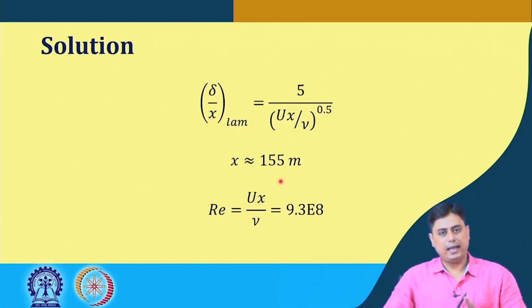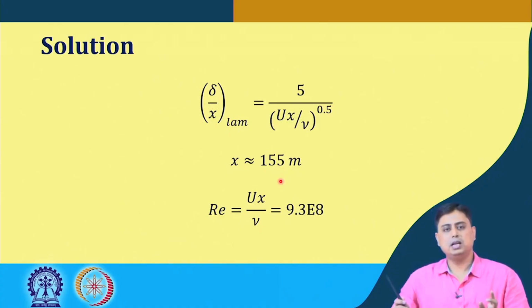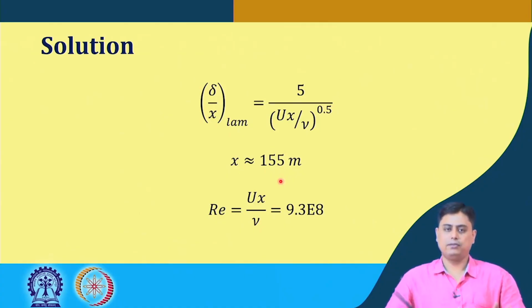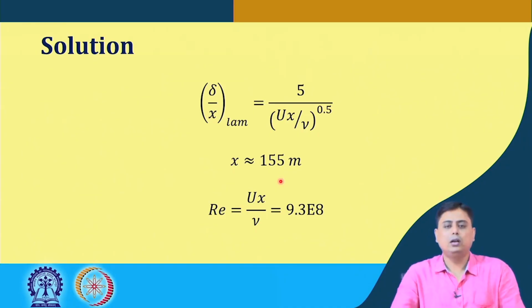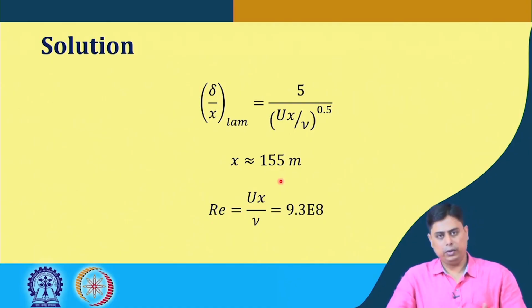which means that if we assume laminar flow condition, it requires 155 meter of a long plate, which is a kind of absurd or illogical. So, what should be done here? We calculate back now whether our Reynolds number assumption in the laminar zone was right or wrong.